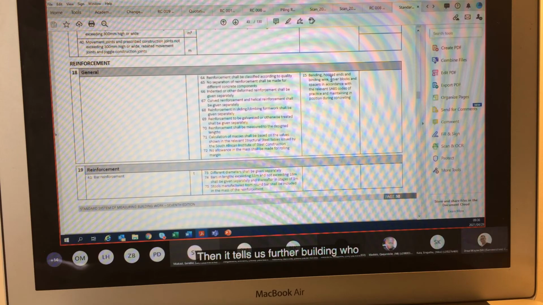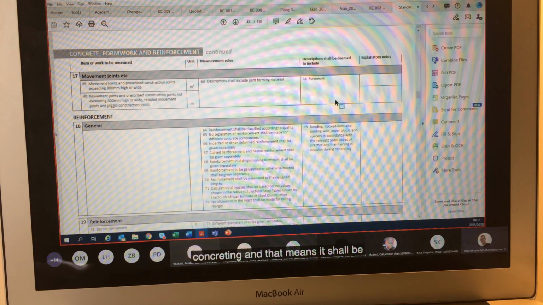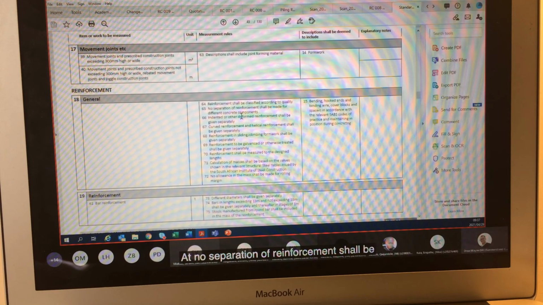Then it tells us further on, bending, hooked ends, and binding wire, cover blocks, and spacers in accordance with the relevant SABS codes of practice and maintaining the position during concreting. And that means it shall be deemed to be included in my description. That no separation of reinforcement shall be made for different concrete components.